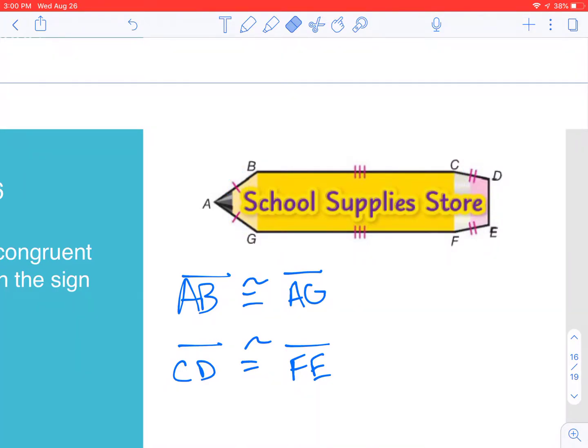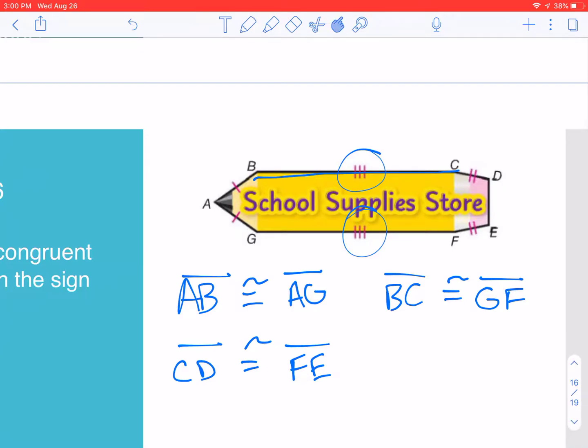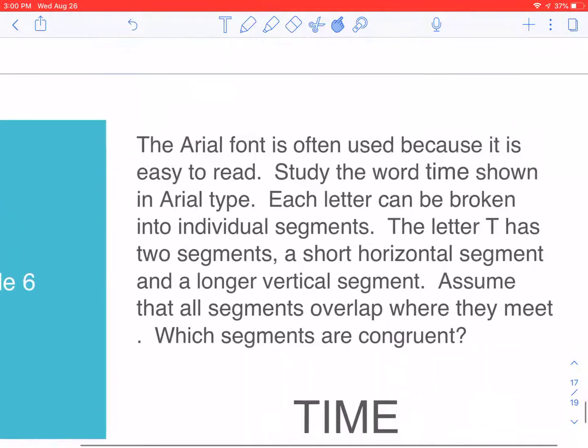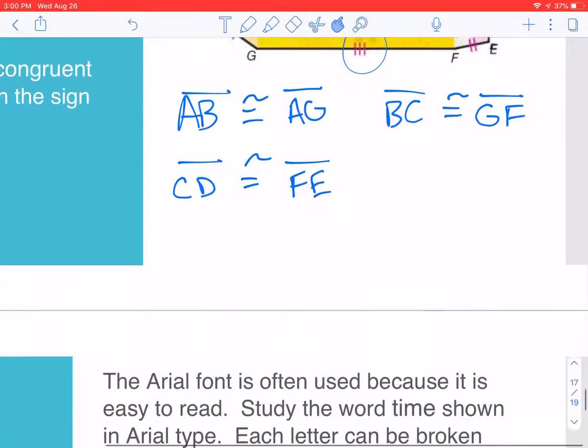We can see here 3 marks. And so that segment is called, if I traced it, BC is congruent to GF. We're going to be writing a lot of stuff like that in geometry this year. All right, we're going to skip that.